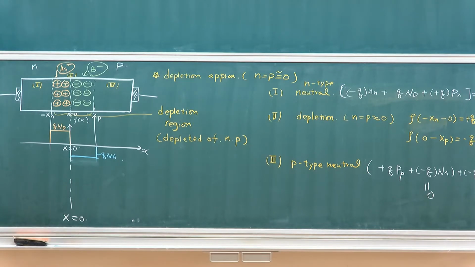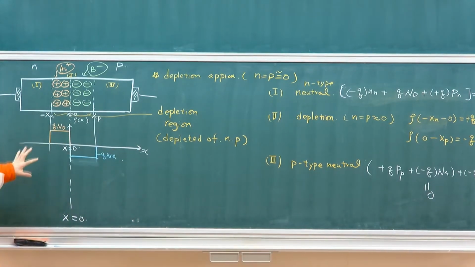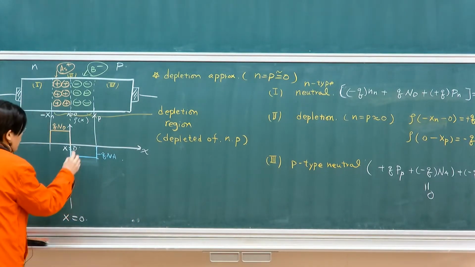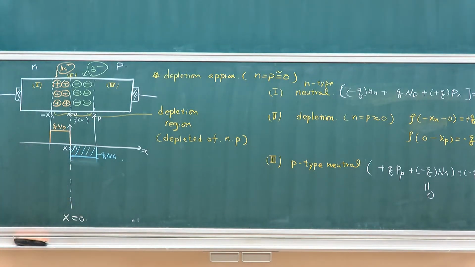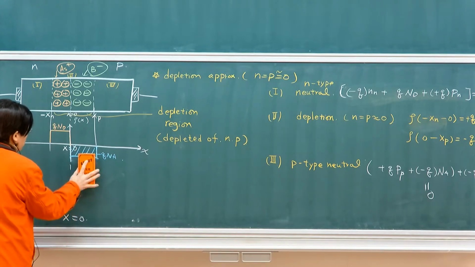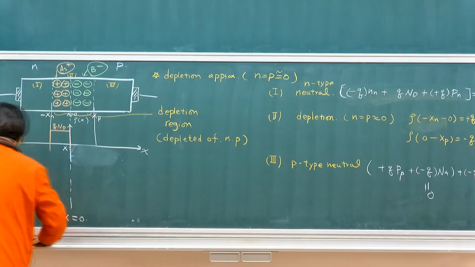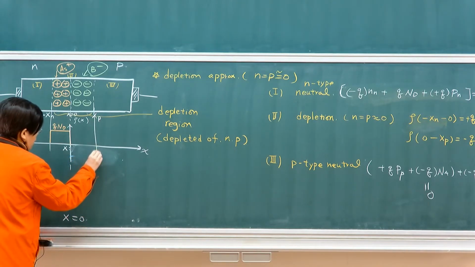Otherwise, there will be potential gradients along this neutral region. Therefore, this simply means that the area highlighted in blue will be identical to the one I'm now marking in green, just to be consistent.